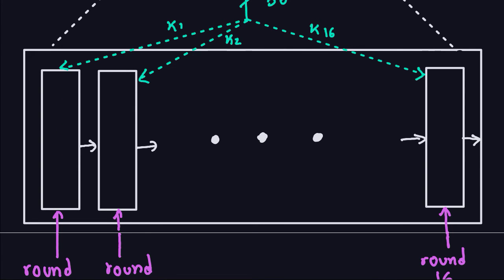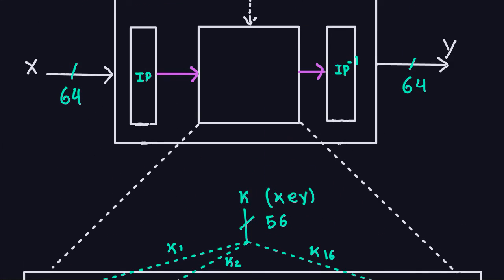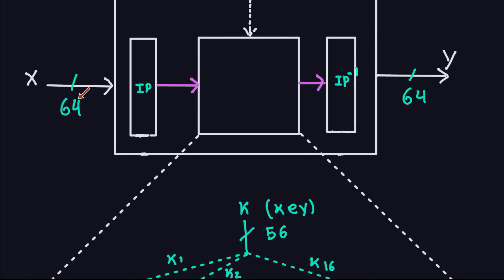Now that we discussed a little bit about this, let's open this box, this round, and see what goes inside that round. I have a 64-bit block coming in. If you go back to my box, you have a 64-bit block, it goes through the permutation, and when it comes out, it goes to the first round.